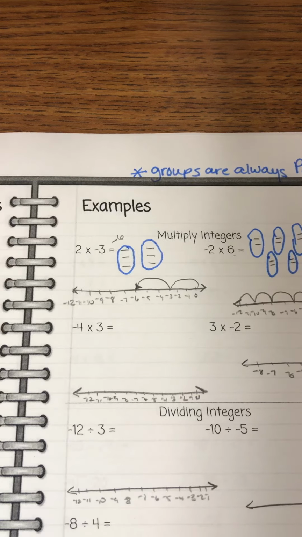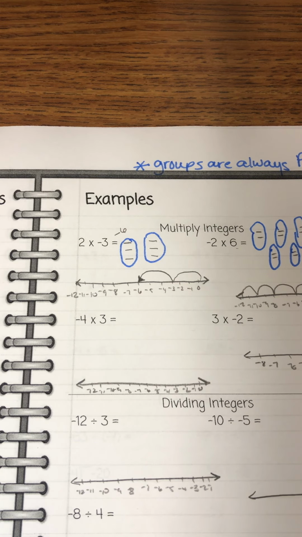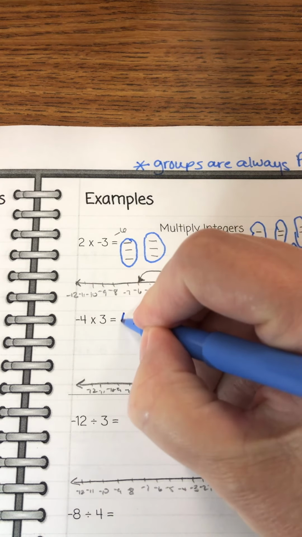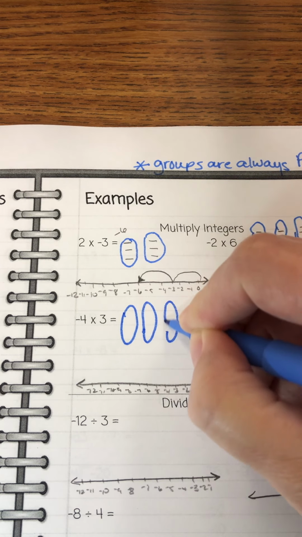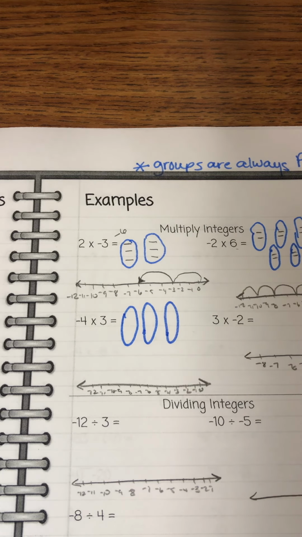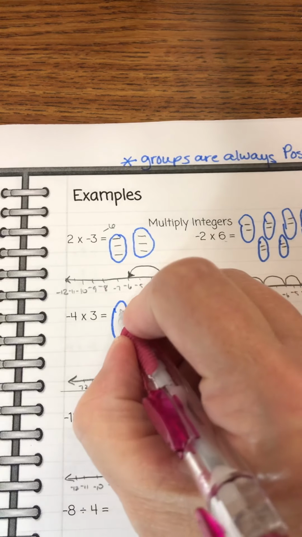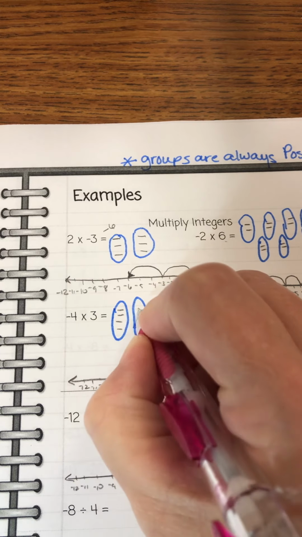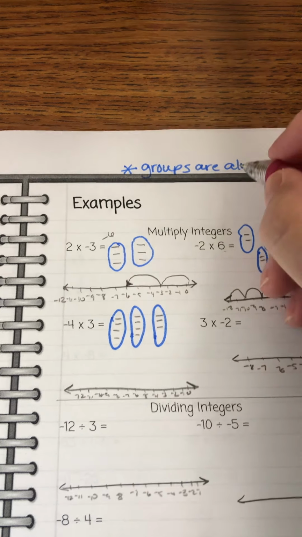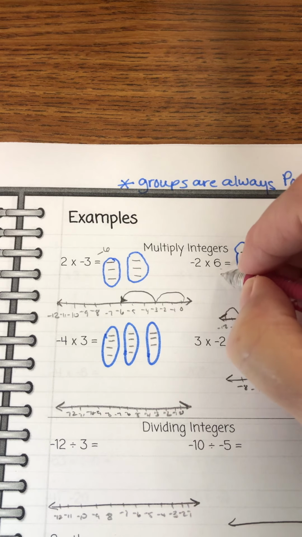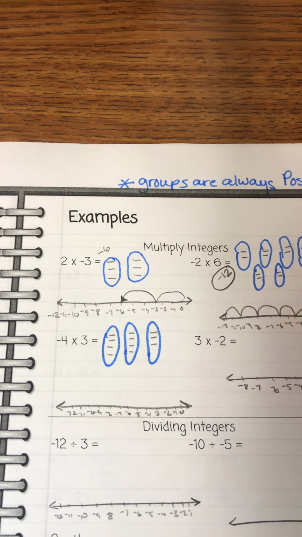All right, let's look at this one. How many groups do we need? We need 3 groups because all groups are always positive. And in each one, you are going to need 4 negatives. Oops, and I forgot to put -12 up here. Sorry, guys. That's the answer for that one.